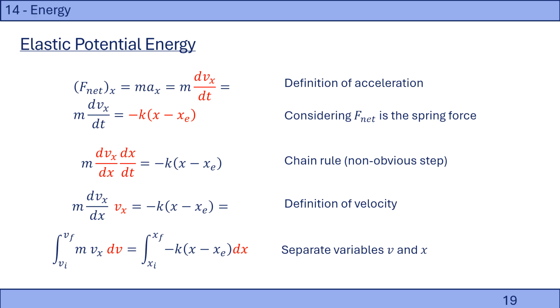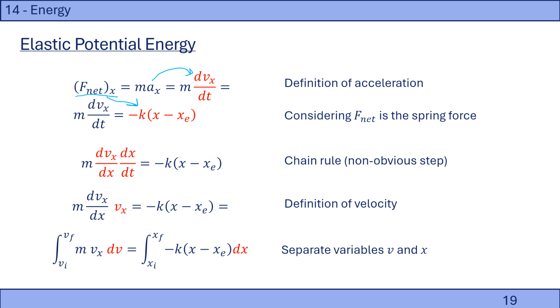And all that we're going to do is we're going to say, well, first a is dv dt, right? And so we can just replace this a with dv dt. We're going to say, well, the force that we have is coming from Hooke's law. Our force is going to be negative k delta x. Just keep things in the x direction, just to make it a little bit easier.